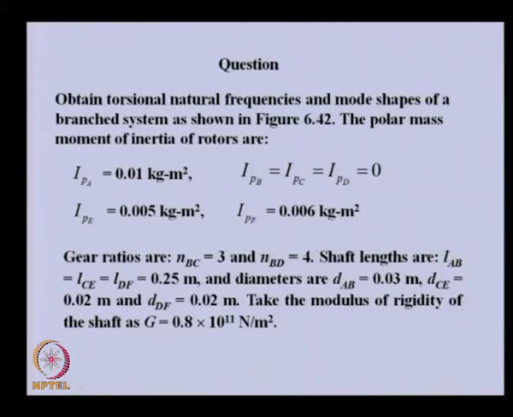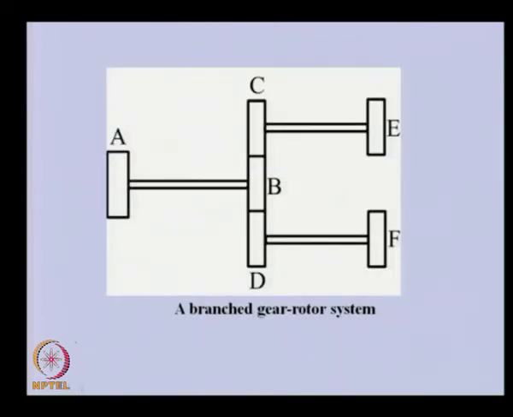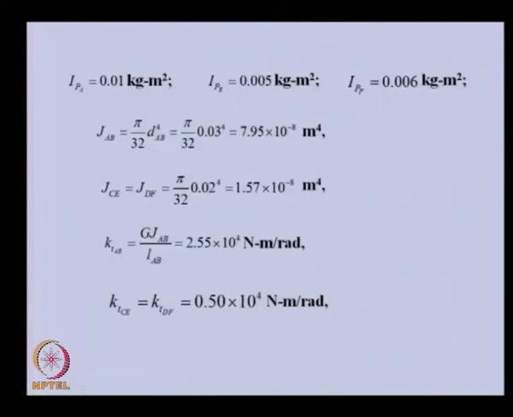Various lengths are given in the figure, diameters of the shafts are given, and even the material property of the shaft is given. So, now we can obtain the various properties of this particular problem. So, these are the polar moments of inertia of 3 flywheels which are given to us. The second moment of area, polar moment of area, can be calculated. Even the torsional stiffness of each of the shaft segments we can obtain.